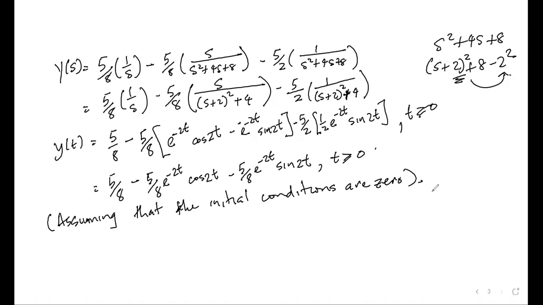If I don't put in any initial conditions when I'm using Laplace transform, the solution is going to assume that the initial conditions are 0. The other method that I was using did not assume any initial conditions. So therefore, that's why I'm ending up with m as one coefficient and n as the other coefficient. This one is giving me 5/8 because from the get-go, I assumed that the initial conditions were 0.